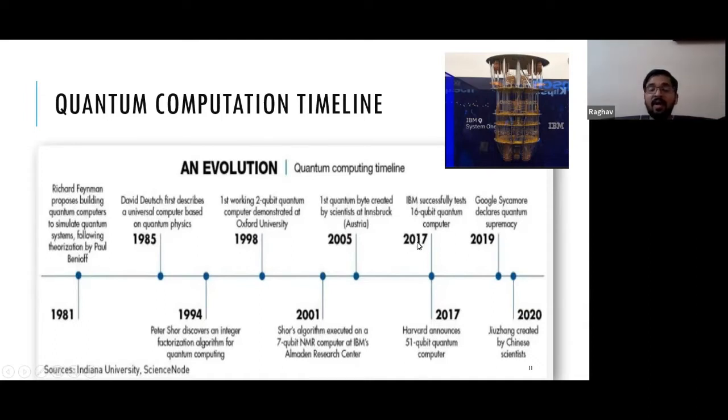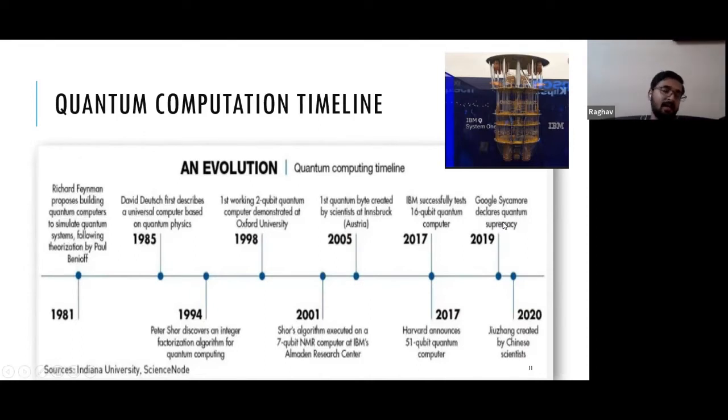At that time, IBM also opened the Qiskit library to the general public, and gave people access to work and simulate their work on real quantum computers using the cloud. Also at that time, Harvard announced a 51-qubit quantum computer. And recently in 2019, Google also declared quantum supremacy.